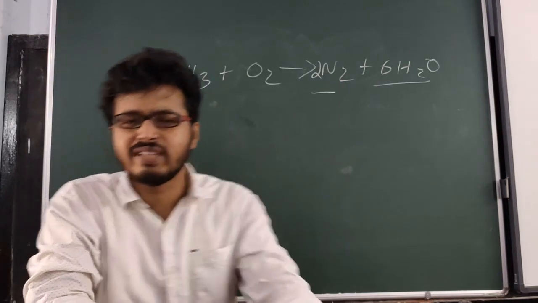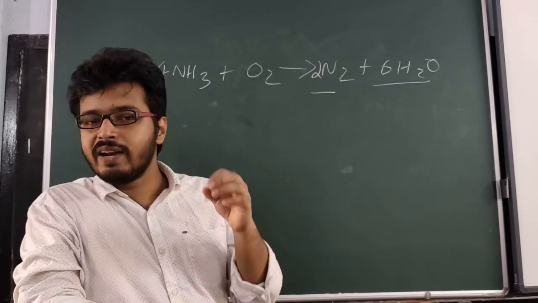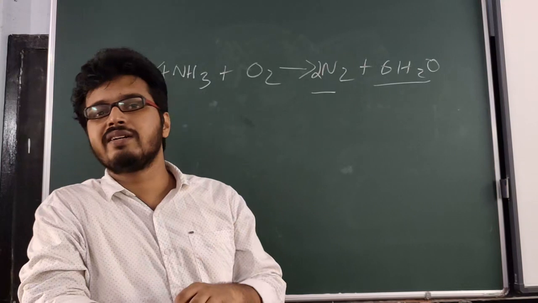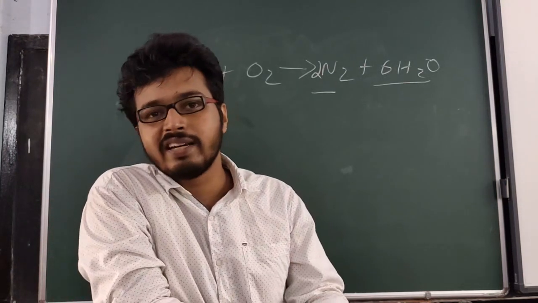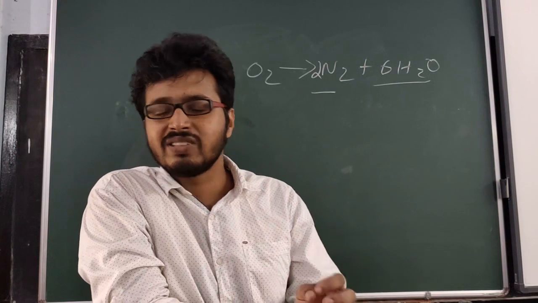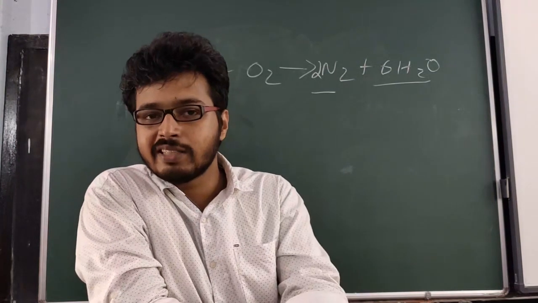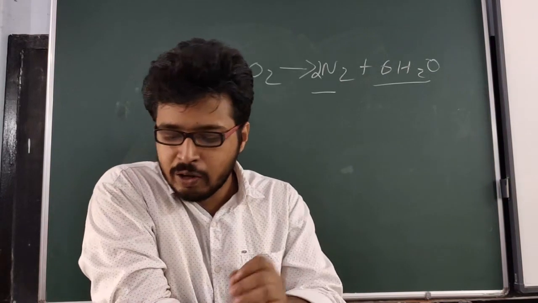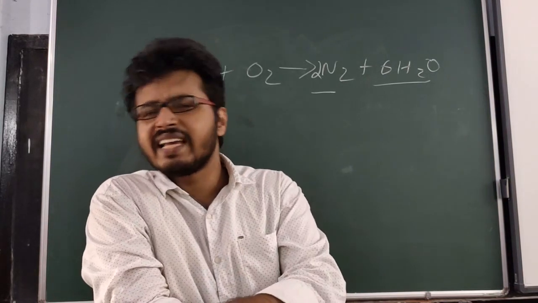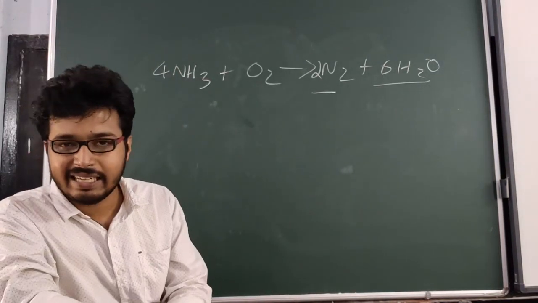So if you are just mixing ammonia and oxygen and bringing a matchstick near to that, it is not easy for it to catch fire. It needs a little bit higher temperature for the ammonia to catch fire. So the reaction that is written on the board is not an easy task.